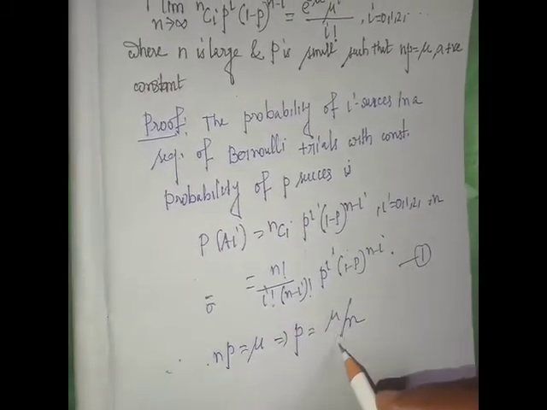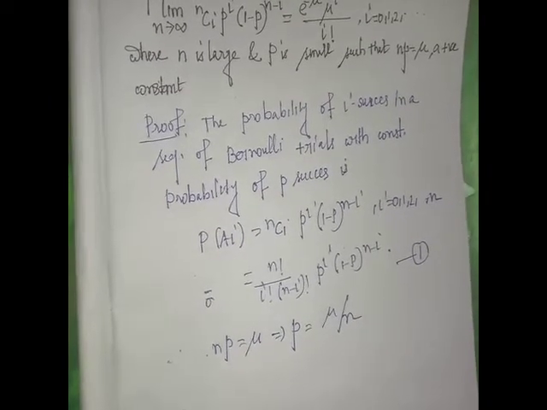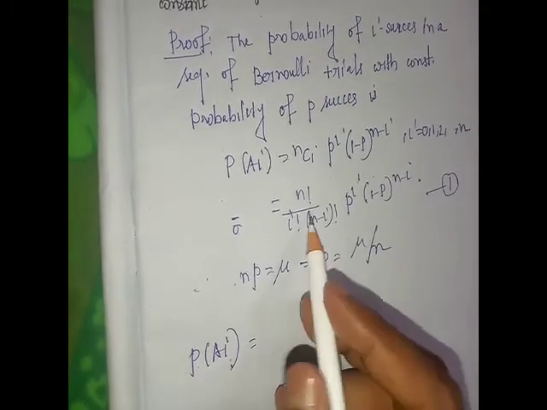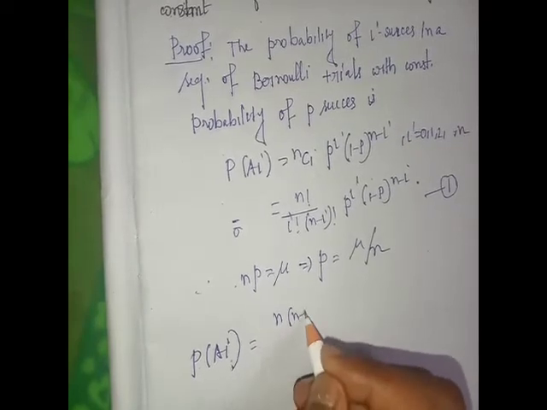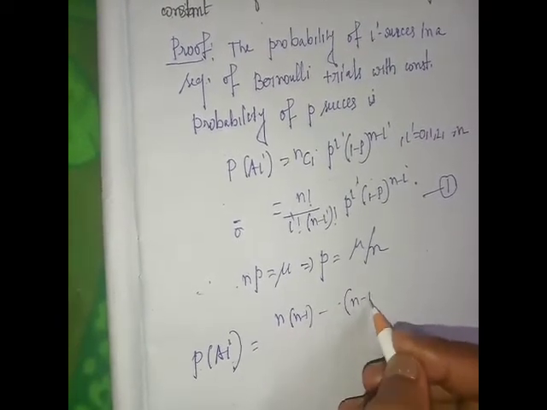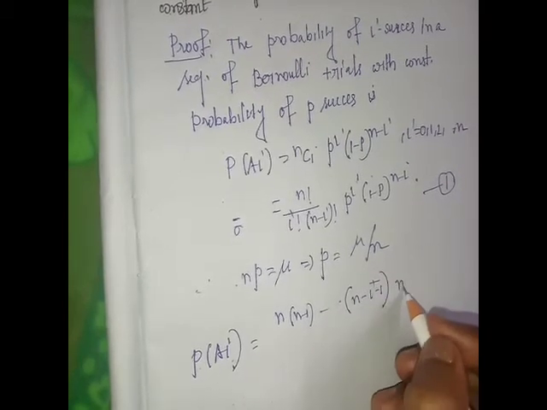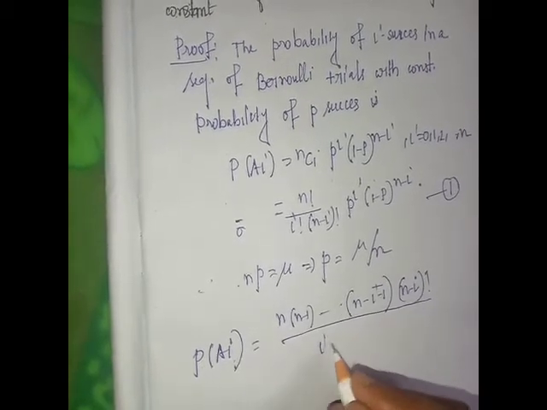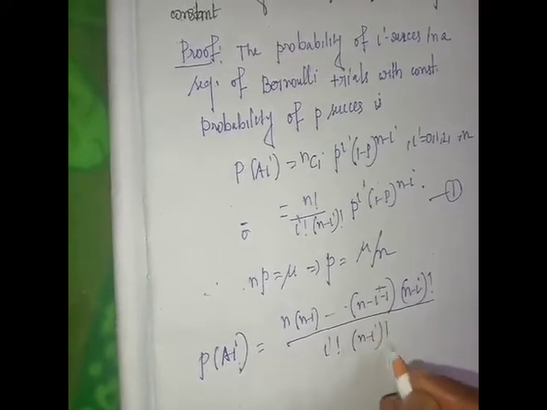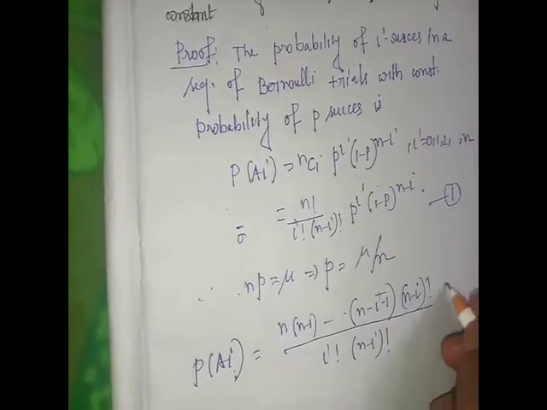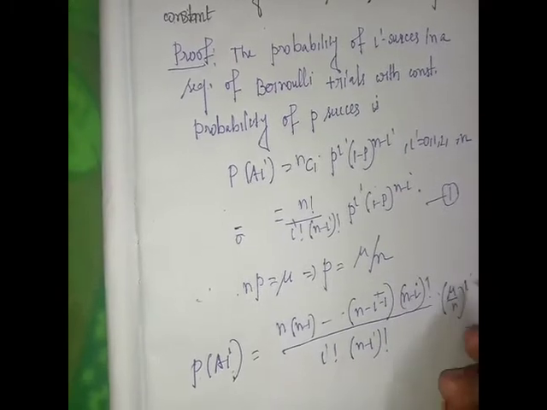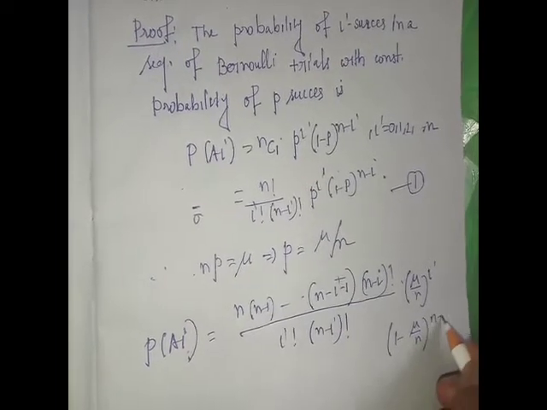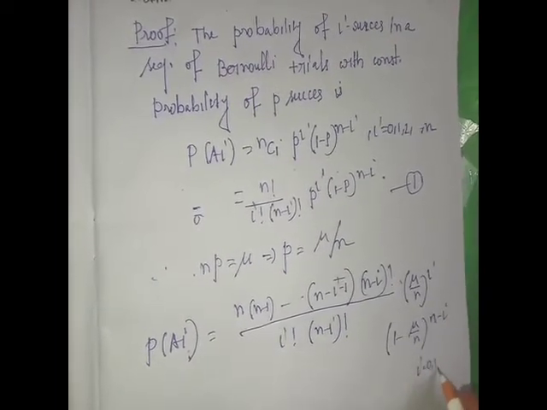Putting this value p equals mu by n, n factorial means n into (n-1) up to (n-i+1) into (n-i) factorial by i factorial (n-i) factorial, times (mu/n)^i and (1 - mu/n)^(n-i), i running from 0 to n.